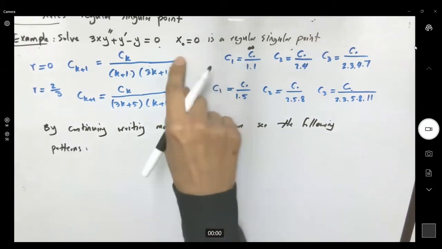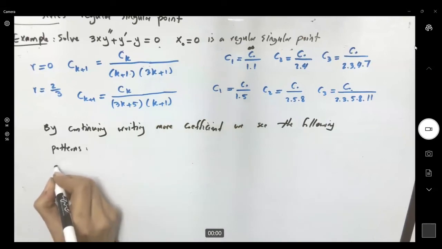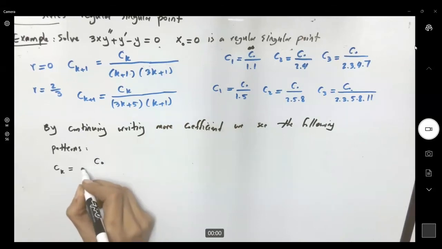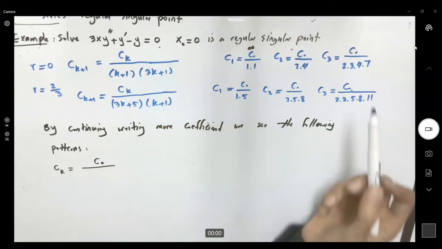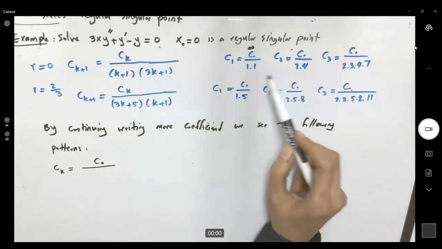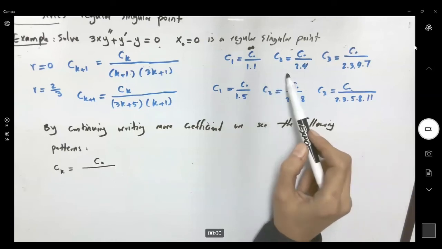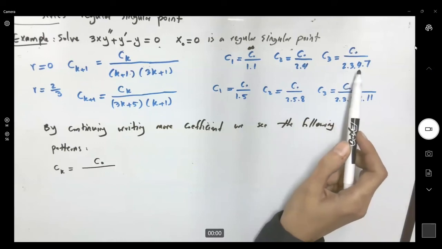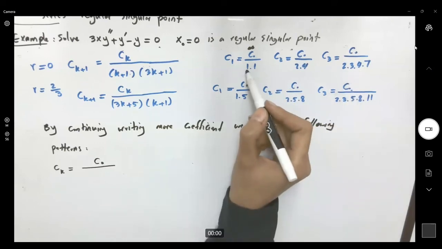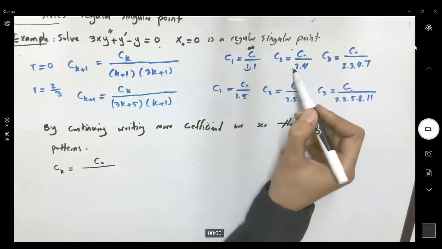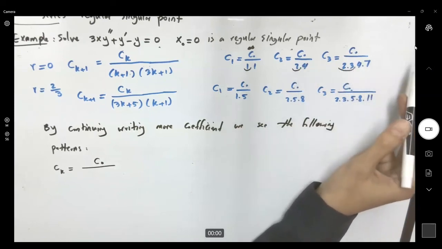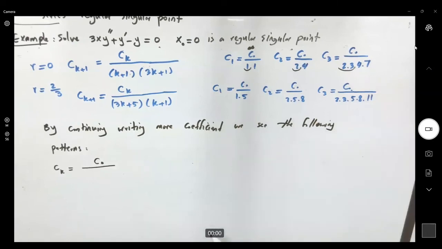So it seems that from the first formula, we get C sub K to be equal to C sub 0 divided by, so what do we have? We have 1 times 1, we have 2 times 4, well, we have 2 times 3 times 4. So it seems like I have 1 factorial, 2 factorial, 3 factorial. For the next one, I have 4 factorial multiplied by some other numbers.